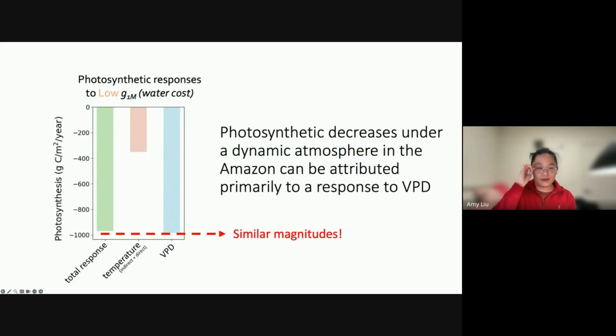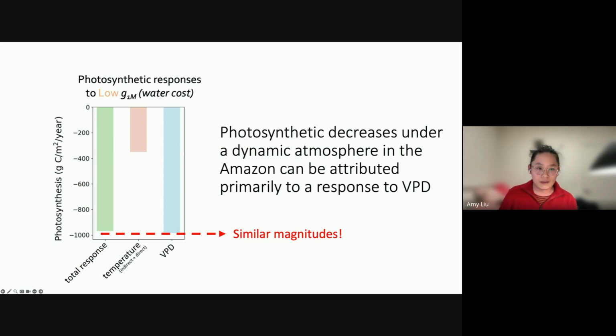So this is a bar plot showing how much we can attribute to temperature and VPD. So there's 3 bars here. The green bar is the total photosynthetic response to low G1M. The pink bar is how much of that response can be attributed to temperature. And again, this includes both the direct and indirect effects of temperature.